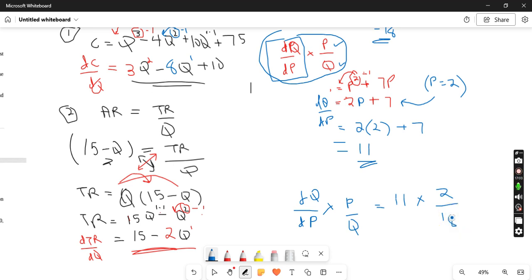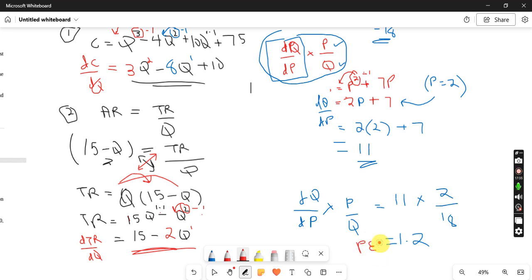Alright, so what we're going to say is 2 divided by 18, that is 0.111, times 11, we get 1.22. Our price elasticity of supply, PES.